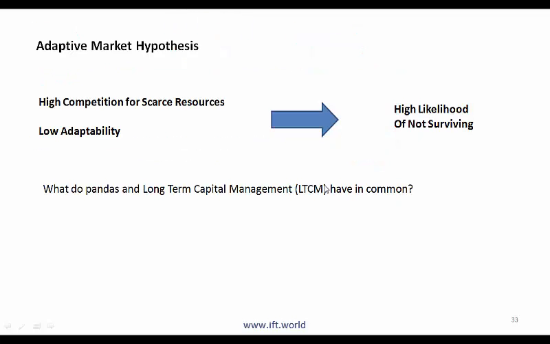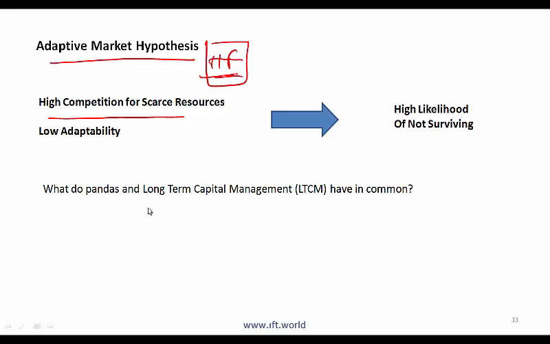Okay, now this is the last point, which is adaptive market hypothesis. So the larger point here is that if you have high competition for scarce resources, so let's say that the hedge fund industry is what we are talking about. Hedge fund industry needs very highly qualified people.